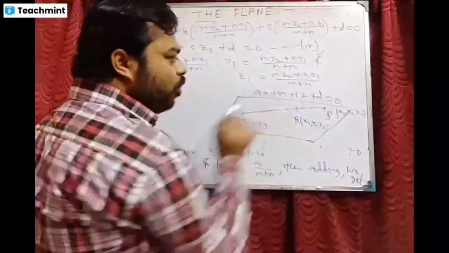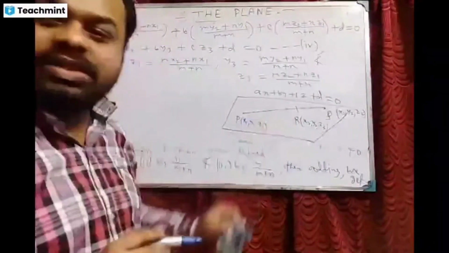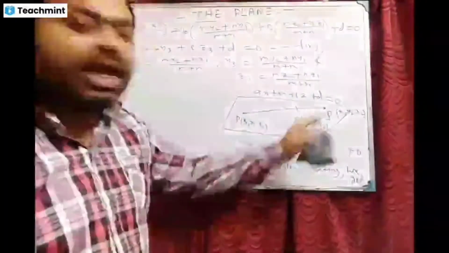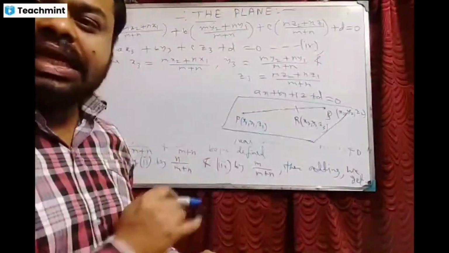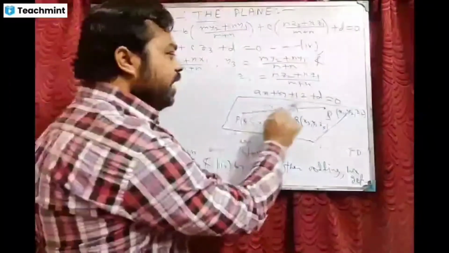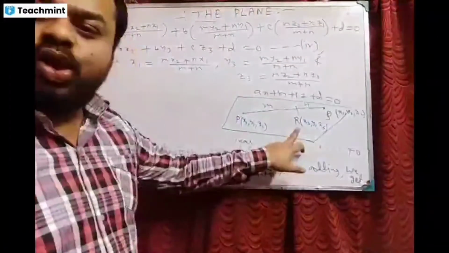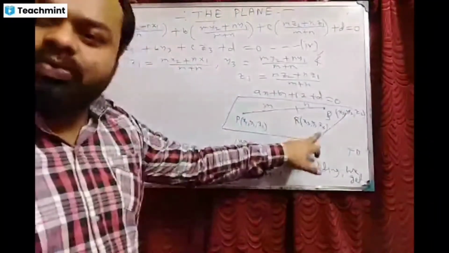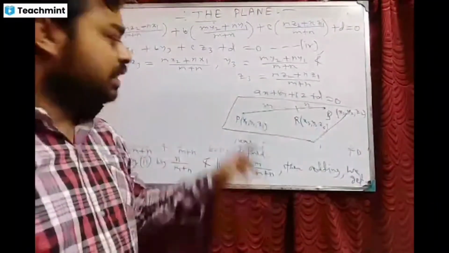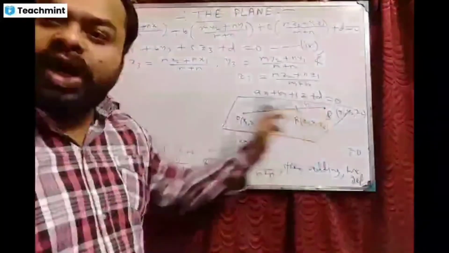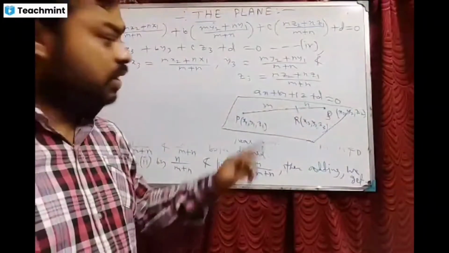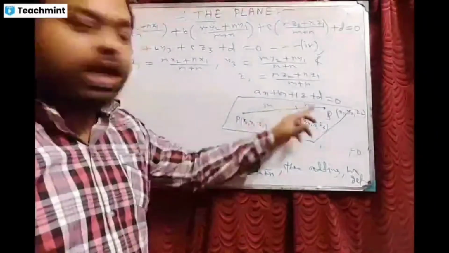Suppose the point R, whose coordinate is x3, y3, z3, divides the line joining the points P and Q internally in the ratio m:n.